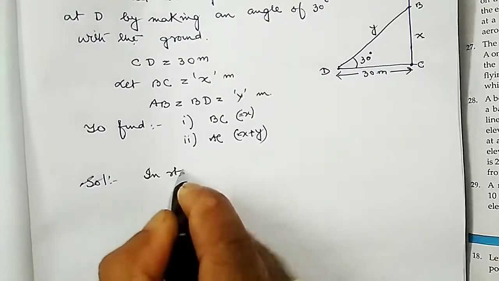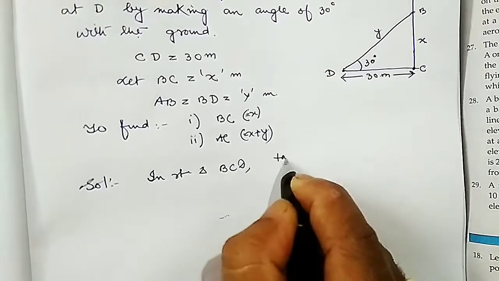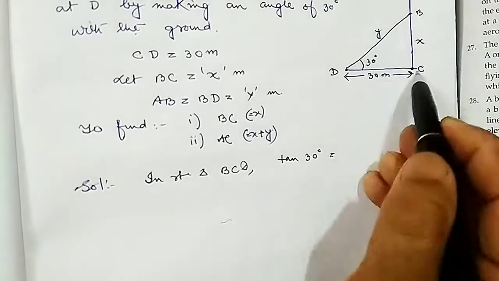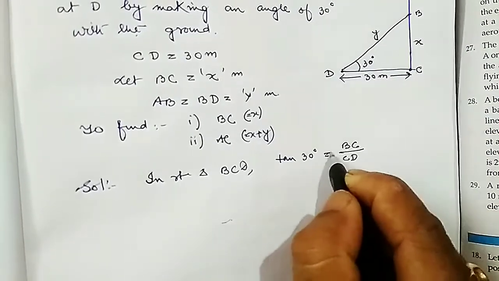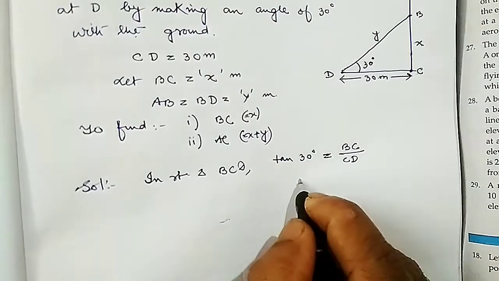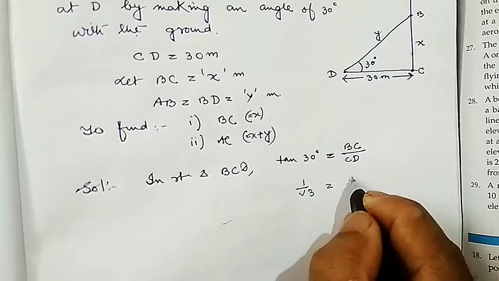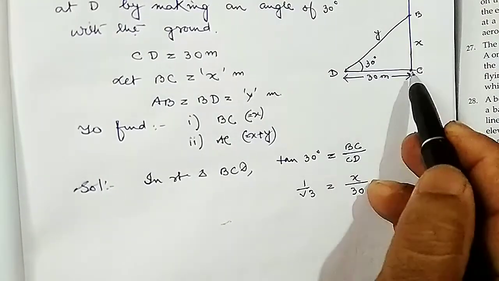In right triangle BCD, tan 30 will be BC by CD. What is the value of tan 30? Tan 30 is 1 by root 3 equals BC, which is x, by 30. This is x, this one is 30.